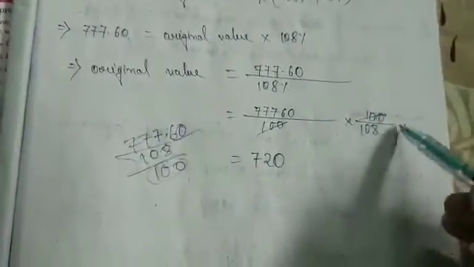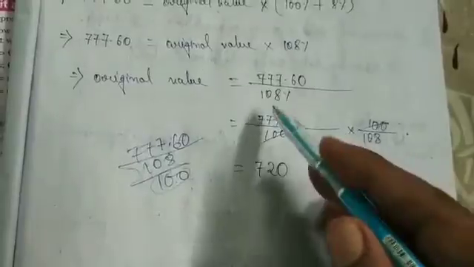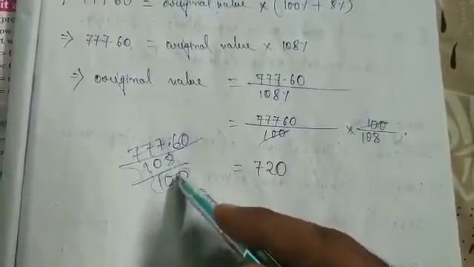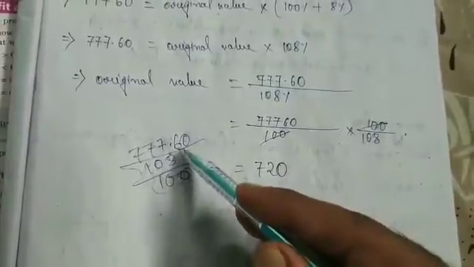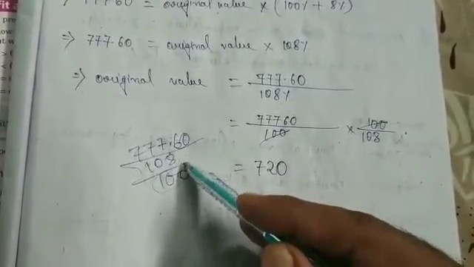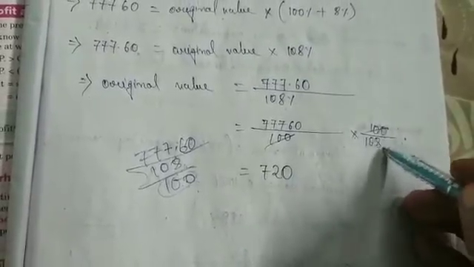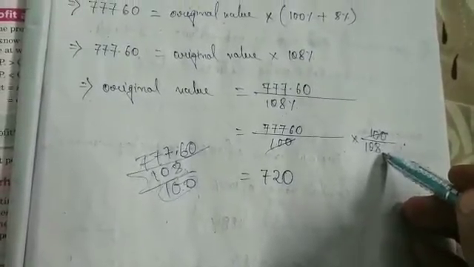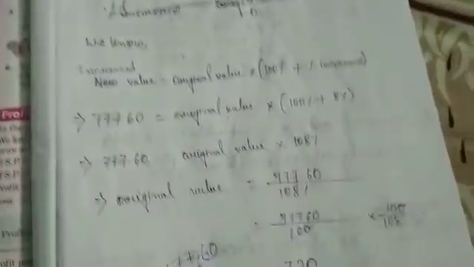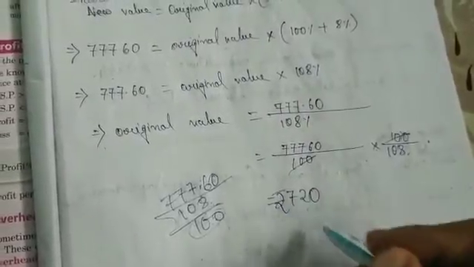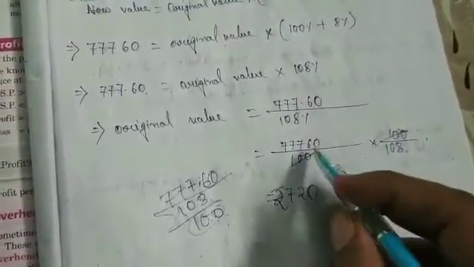That is why we have written it like this. 108% means 108 divided by 100. So it is the denominator of a denominator, and it comes to the numerator, and 108 only remains in the denominator. So the original value is rupees 720 after the division.